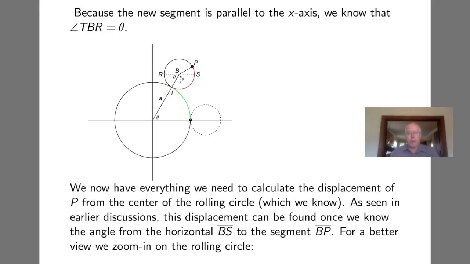So we now have everything we need to calculate the displacement of P from the center of the rolling circle. Remember, we know what that center is. We found that a little earlier. As seen in earlier discussions, this displacement can be found once we know the angle from the horizontal BS out to the segment BP. For a better view, let's zoom in on this rolling circle.